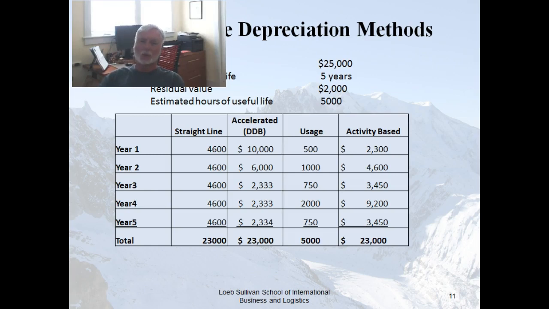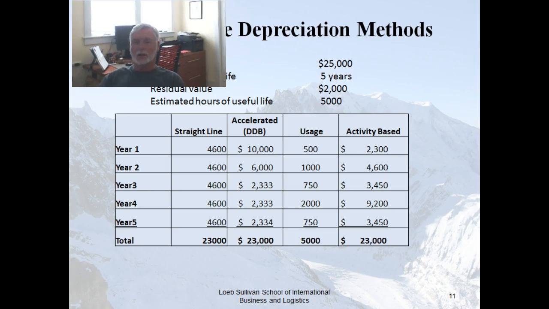So this might be an engine, could be anything, but cost of the machine. For straight line depreciation, we take 25,000 minus the 2,000, so it comes to 23,000, and we're going to allocate that $23,000 net cost over 5 years, and that comes to $4,600 a year. Pretty simple. For accelerated, I use the double declining balance method.